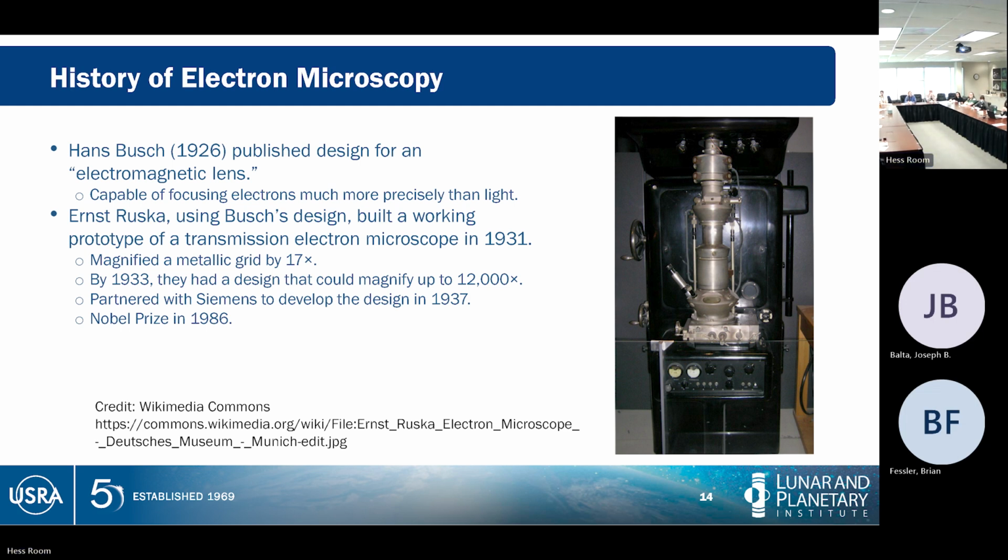A researcher engineer named Ernst Ruska, using that design, built a working prototype of a transmission electron microscope in the 1930s. They initially were able to magnify a metallic grid by a factor of 17. By 1933, they had a design that could magnify up to 12,000 times. So pretty quick and efficient there.